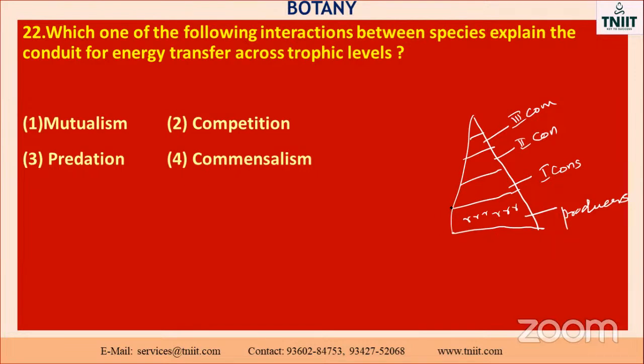Each one is considered a trophic level. So here the question is the energy transfer across the trophic levels. How will it be? It is not mutualism. It will not come under mutualism, which means both are beneficial.